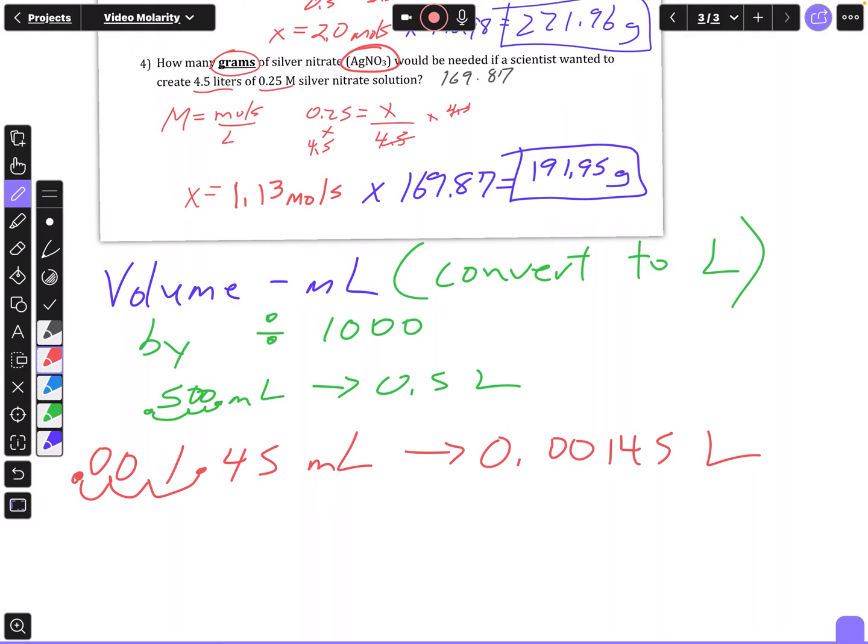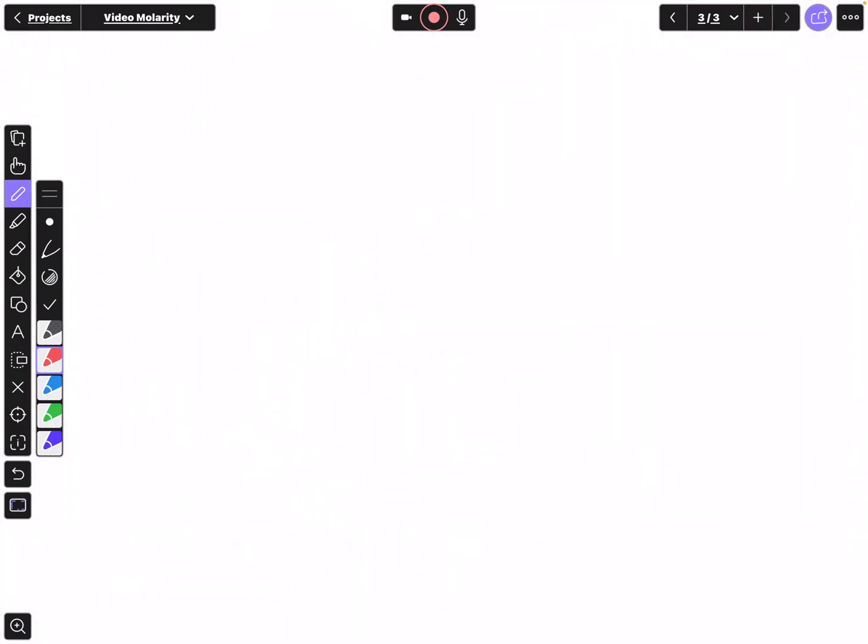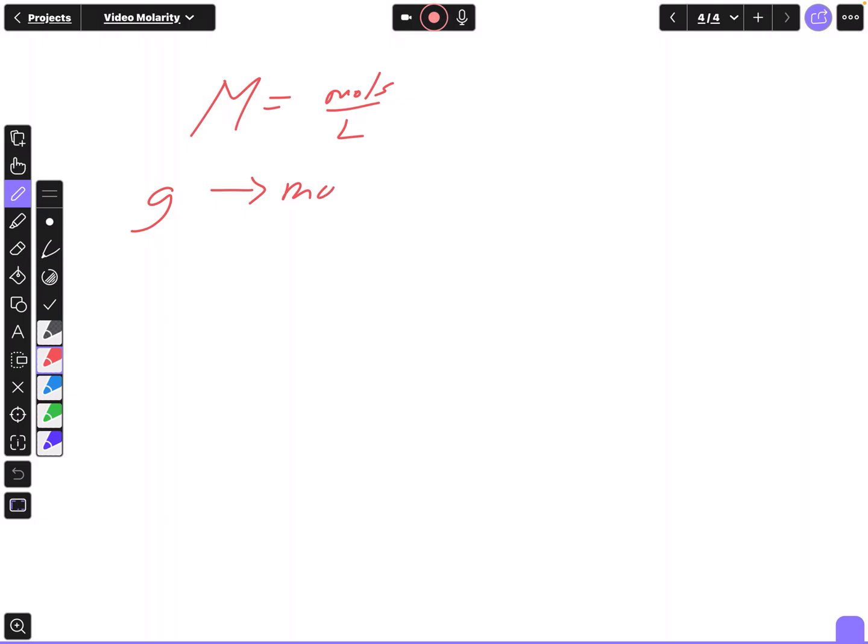All right, as a review, our equation for molarity is moles of solute divided by liters of solution. I can plug in whatever I'm given and solve for my unknown. If I'm given grams in the beginning, I would need to convert that to moles by dividing by the molar mass of whatever substance it is.